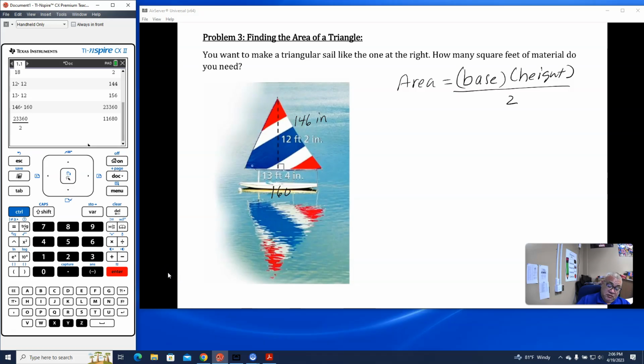It gives you 11,680 square inches, right, of material. Now, if you want it to be in feet, then we would have started with feet, but I'm just going to go ahead and say 11,680 square inches. Okay.